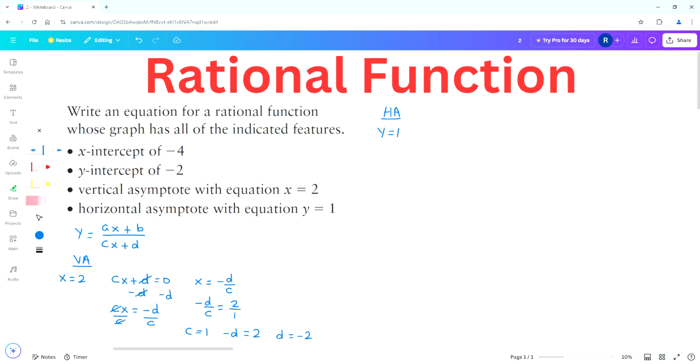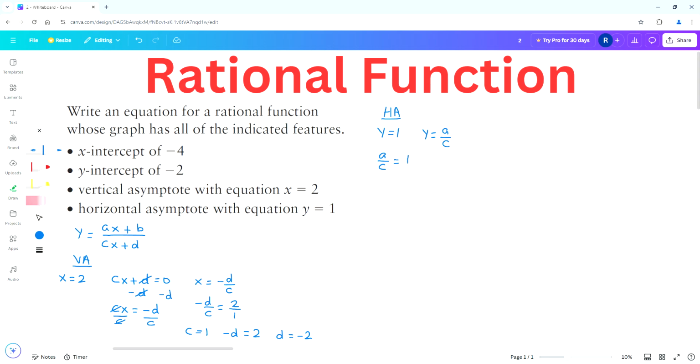The value for the horizontal asymptote from this general equation will be equal to the ratio of the coefficients of the x terms in the numerator and the denominator. So it should be equal to y equals a over c. Since the given horizontal asymptote is y equals 1, a over c should be equal to 1.